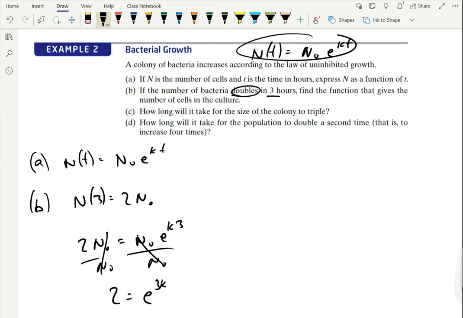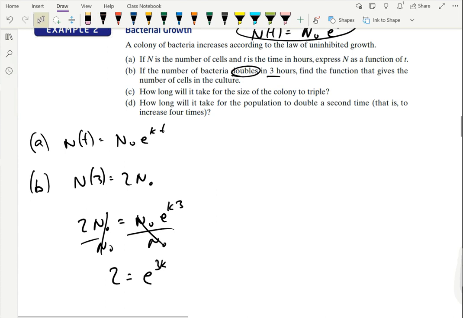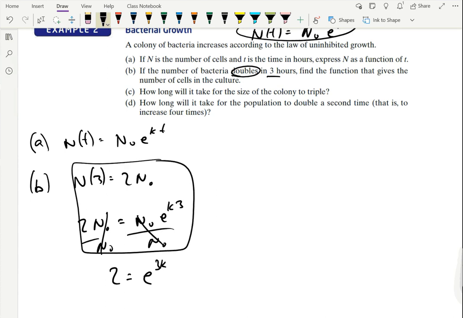So two things I could have done. I either could have started off with this at the top, or since I know it's going to double in 3 hours, I could go ahead and put the 2 down immediately, ignore the N sub 0, and plug in my time as 3. Either one of those works, we get the same result in the end.